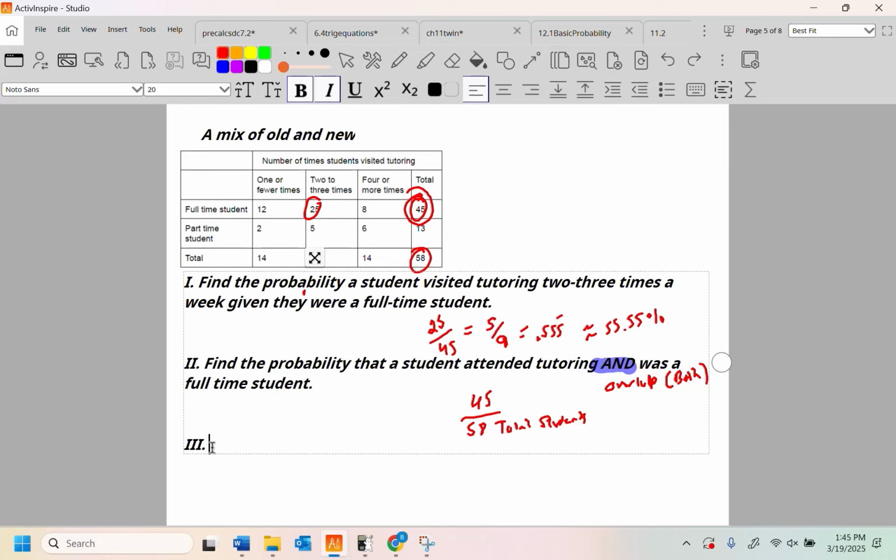Find the probability. We've already done a given one. So let's do something else.